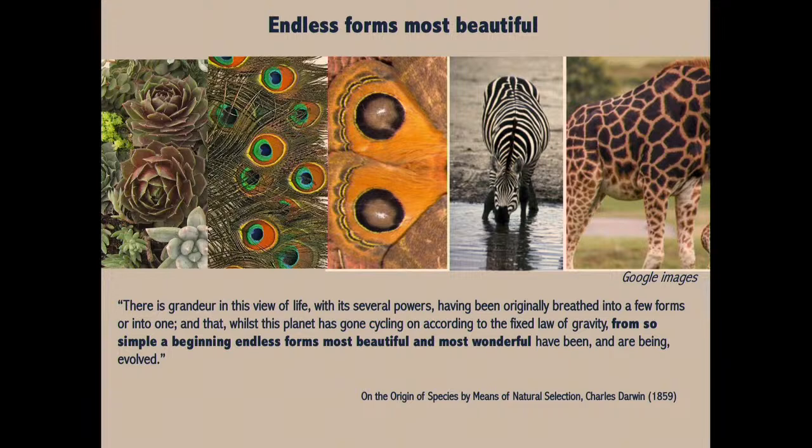Here are some of my favorite examples of form, mostly to focus on form that operates not at the scale of the organism as much as the scale of, let's say, a group of cells. So let's say we look at the eye spot of the butterfly, or the feather of a peacock, or the stripes of the zebra, or this polygonally packed pigmentation pattern on the giraffe.